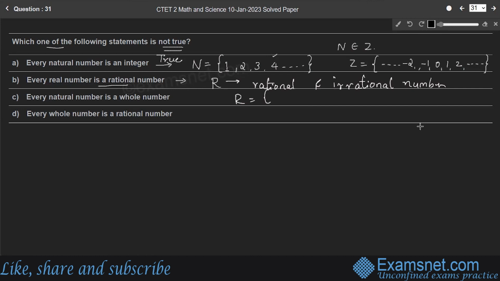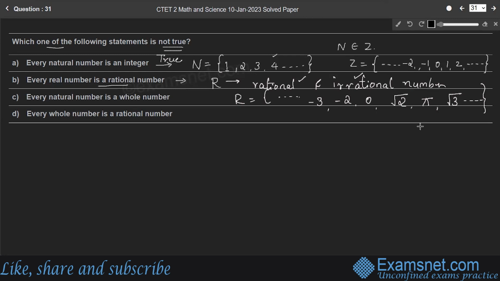It contains rational numbers like -3, -2, 0, and it contains irrational numbers. So it may be √3, pi, √2, √3, and it continues. So the collection of rational and irrational numbers is nothing but the set of real numbers.